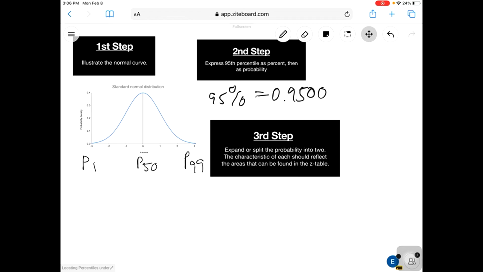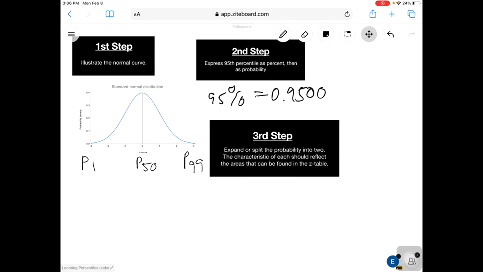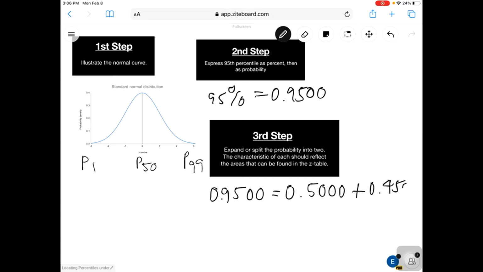In this case, 0.9500 is equal to 0.5000 plus 0.4500.